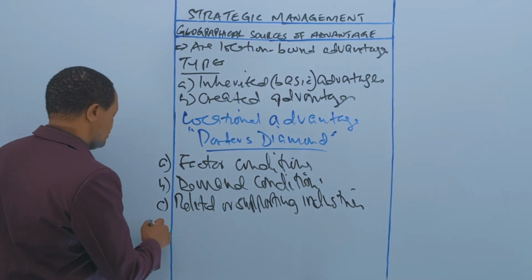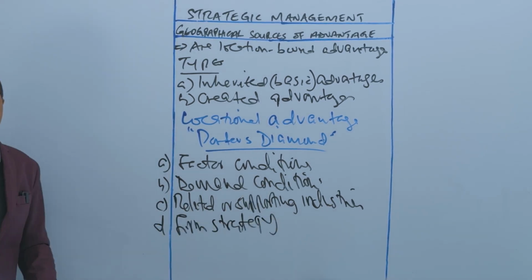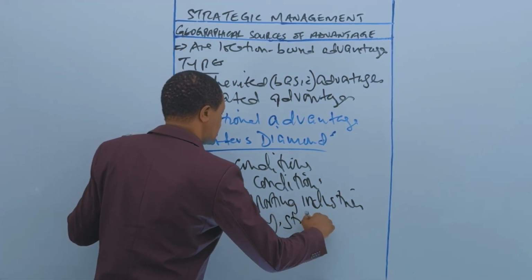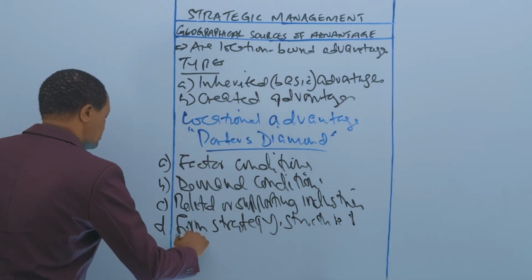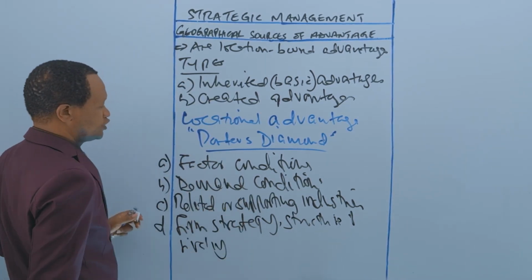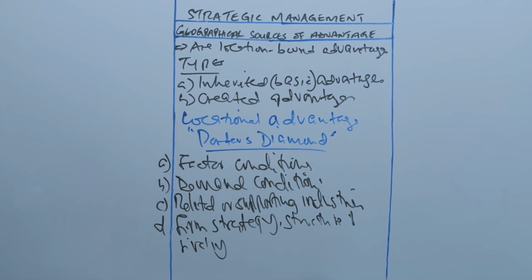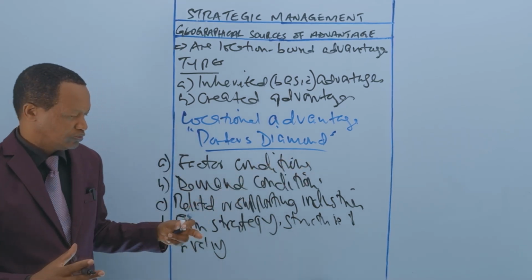Then lastly, we have firm strategy, structure, and rivalry. Here we are referring to intense local competition that toughens up companies before they go global.